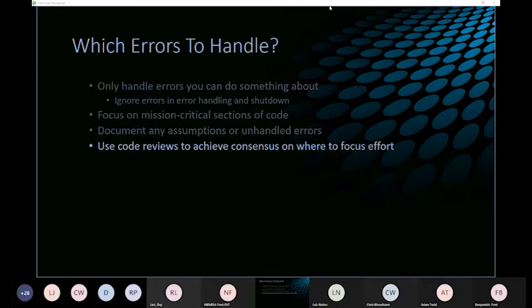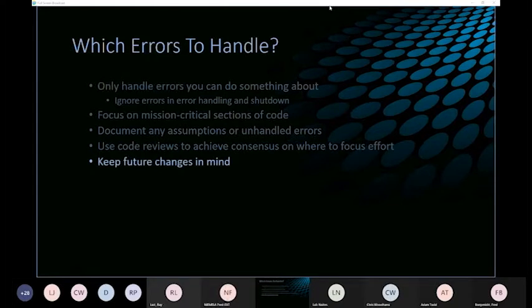And this goes on because every person has their own idea about what's an error and what's not. So reviewing it up front with your team is key to decide on what errors you're going to handle and where to focus your effort. And then reviewing the code as well when the code is done, to make sure that it's actually written in such a way that it implements what you agreed to.